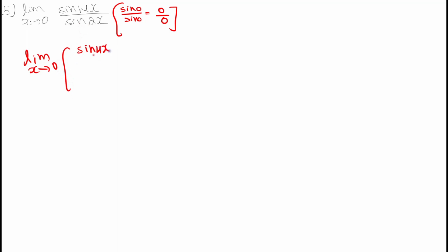See, next question is limit extending to 0, sin 4x by sin 2x. If you substitute x equal to 0, you will get sin 0 by sin 0, it's equal to 0 by 0 form itself. So we need to simplify this one. So see, limit extending to 0, sin 4x, to apply the formula I want by 4x, balance the equation into 4x.